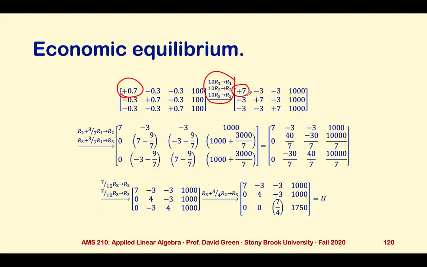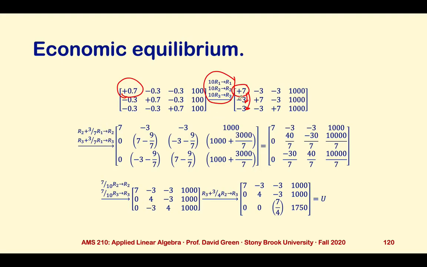Start in this column. Use this as a pivot to eliminate below. In this case, the arithmetic, even with our scaling, is going to get a little bit messier than we've seen in other examples, because we have a leading coefficient of 7 here in the pivot position, which means we need to be subtracting multiples of row 1 that are something of a 7th.